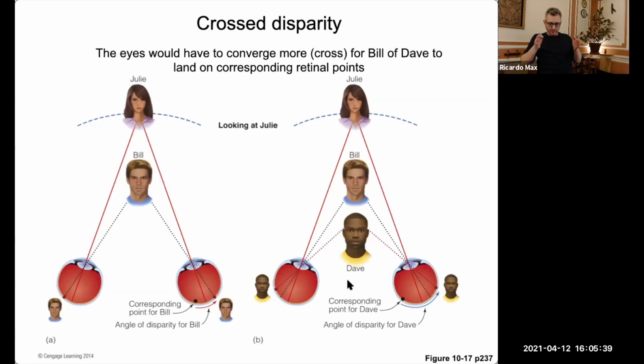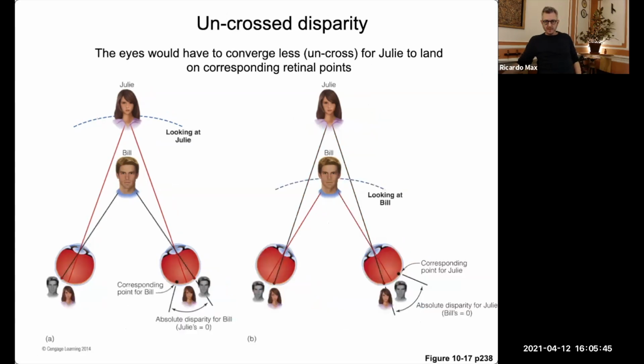You have to converge your foveas. To fixate on objects further away, you uncross, you diverge your eyes. So this is called uncrossed disparity.